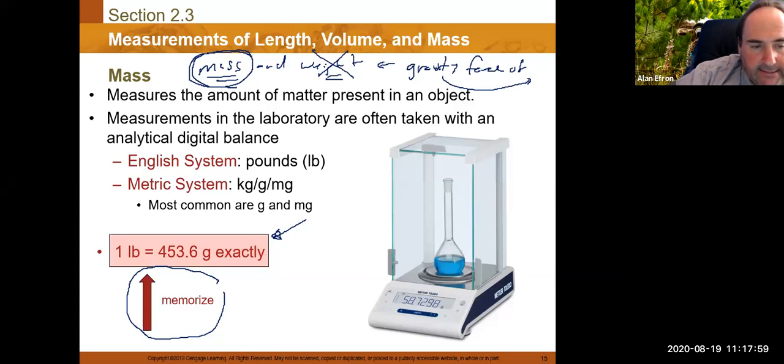That is a conversion you definitely should know by heart. As I mentioned at the start, they have cracked down and want you to really know these things, not only for this class, but as you continue on to Chem 1A and Chem 1B as well.